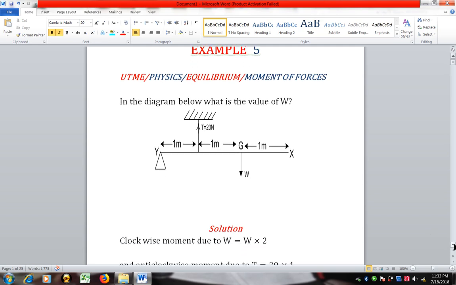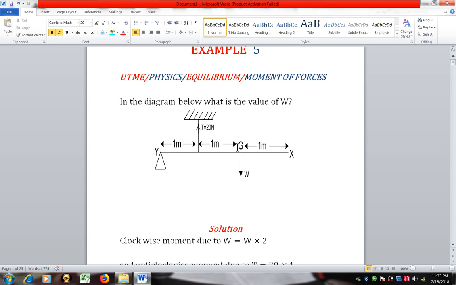We need to look at the principle of moment, which states that total clockwise moment is equal to total anti-clockwise moment about a particular point. Now, this is the support, that's a fulcrum.